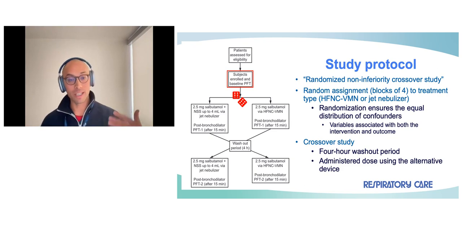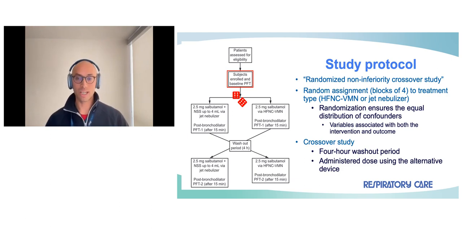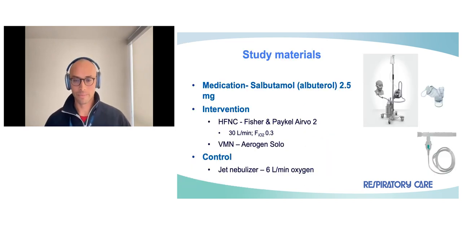So if you received the jet nebulizer first, after a 4-hour washout period, you would receive the high flow nasal cannula with vibrating mesh nebulizer. So the crossover would allow them to measure the effect of the intervention using both interventions in the same subject. So this is a randomized non-inferiority crossover study.